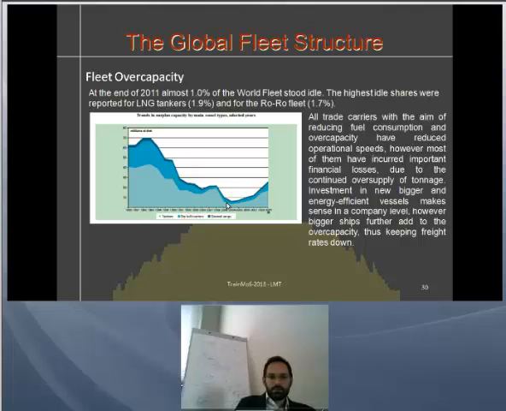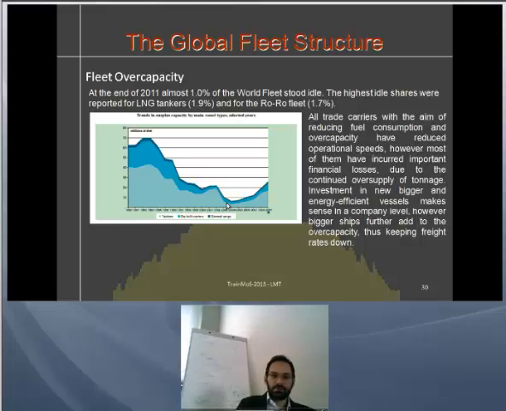So at the end of 2011, almost 1% of the world fleet stood idle with no transport work, and the highest idle shares were reported for LNG tankers, 1.9%, and also for the Ro-Ro fleet, 1.7%.